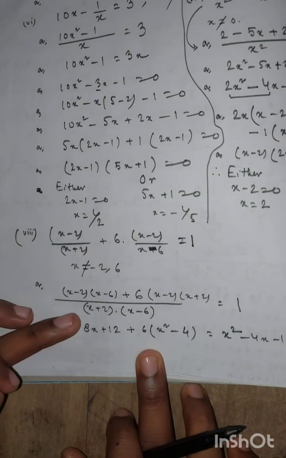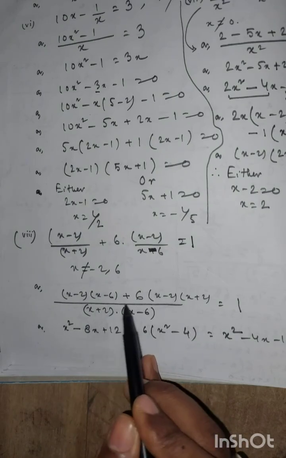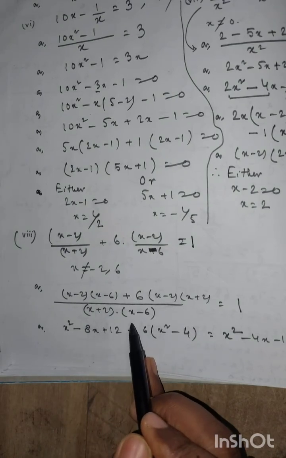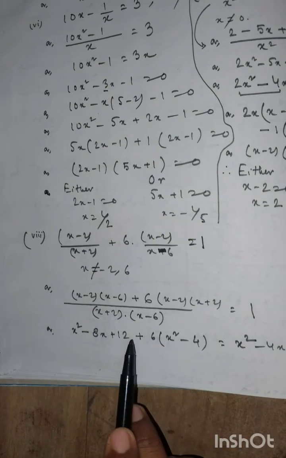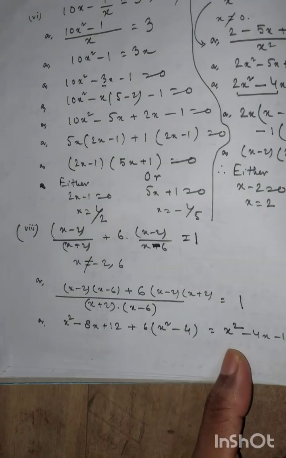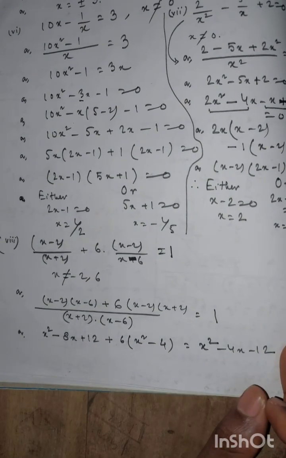I hope you understand it. X square minus 6x plus 2x, so it is minus 4x and minus 12. So it is getting multiplied to 1, so it becomes x square minus 4x minus 12.